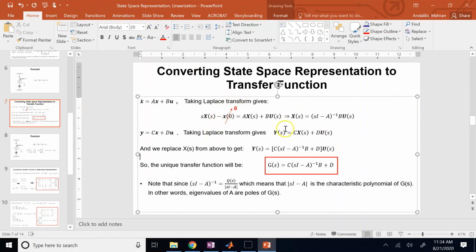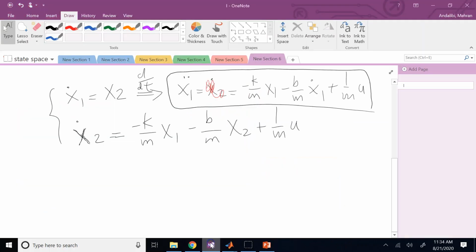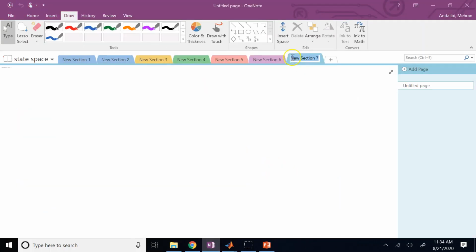If you do so and factor out X(s) on the left side, you're going to get X(s) times A. Let me do it for you here. So you have x dot equals Ax plus Bu.